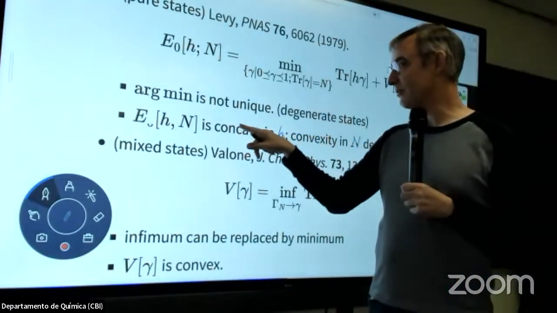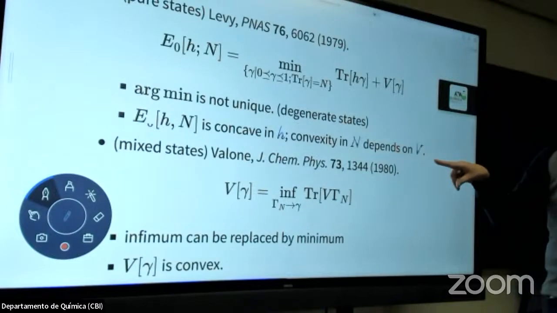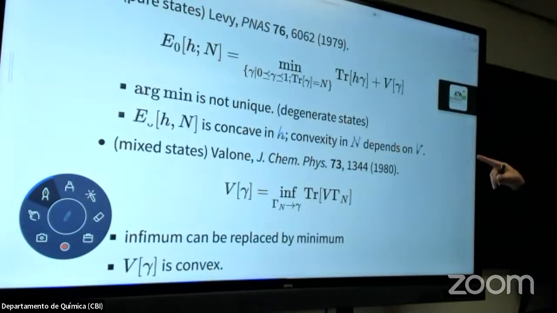Energy is concave in the Hamiltonian in the one-body term. We believe it's convex in N for certain types of potentials, but not for every potential, right? Not even for the Coulomb potential, unfortunately, as we've learned in the last month or something like that, right?